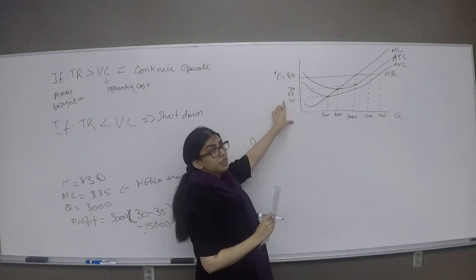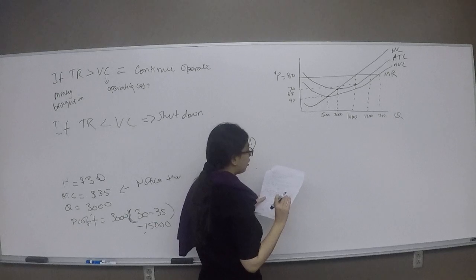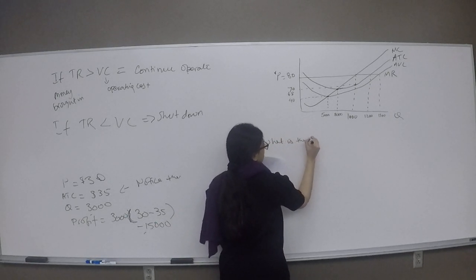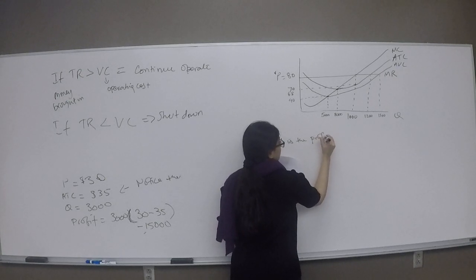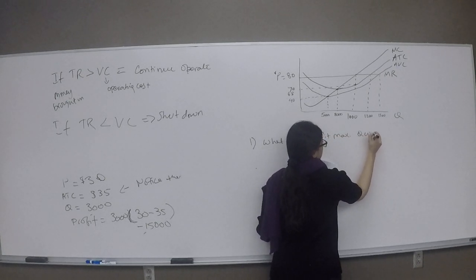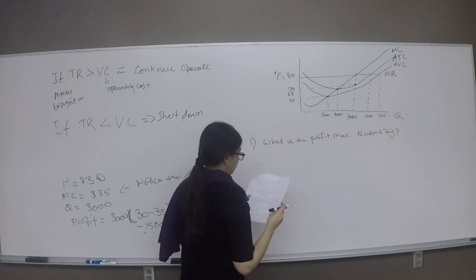So now I'm going to ask you questions regarding this graph. Question number 1, what is the profit maximizing quantity? What do you guys think?